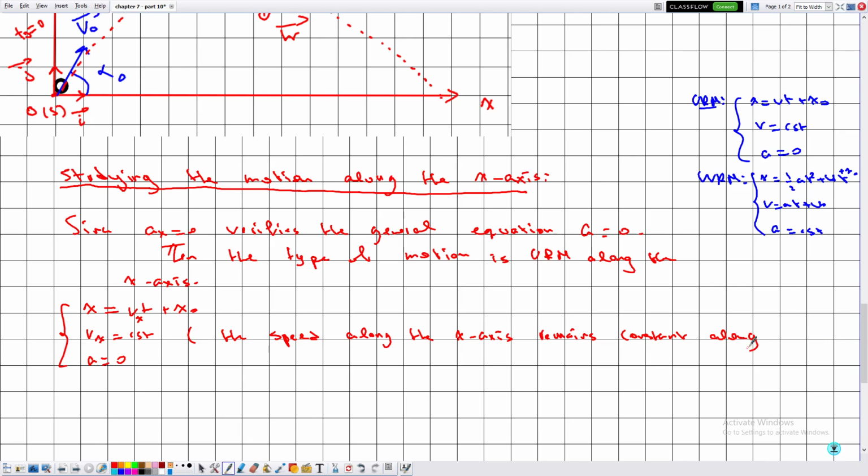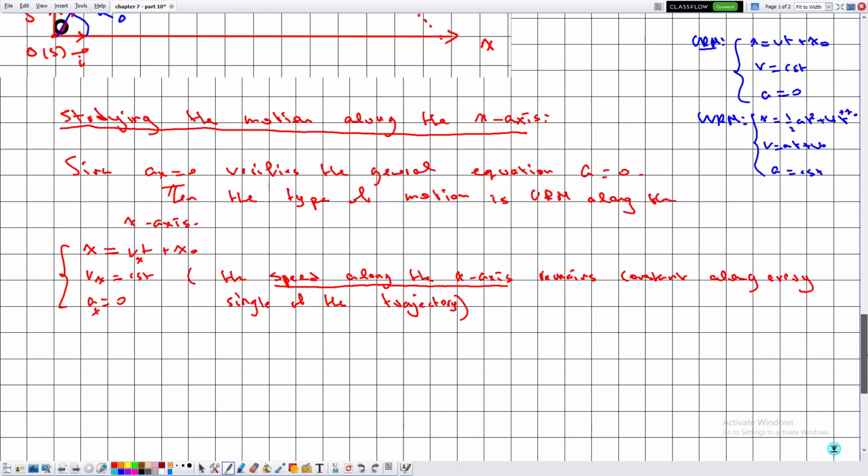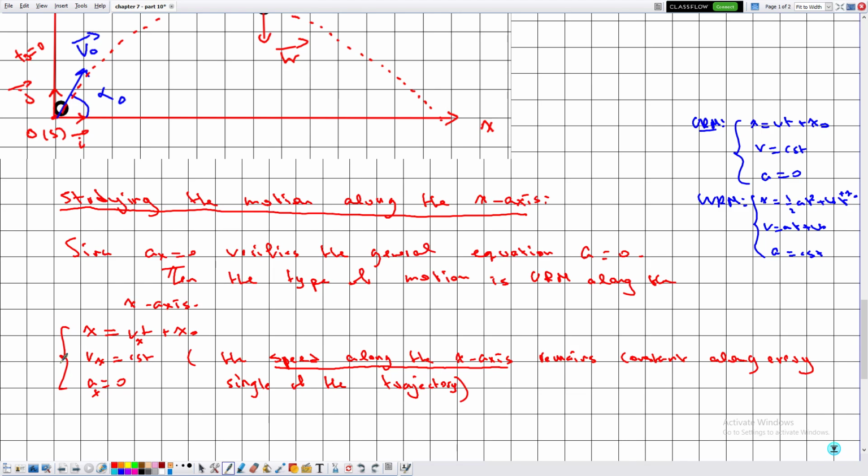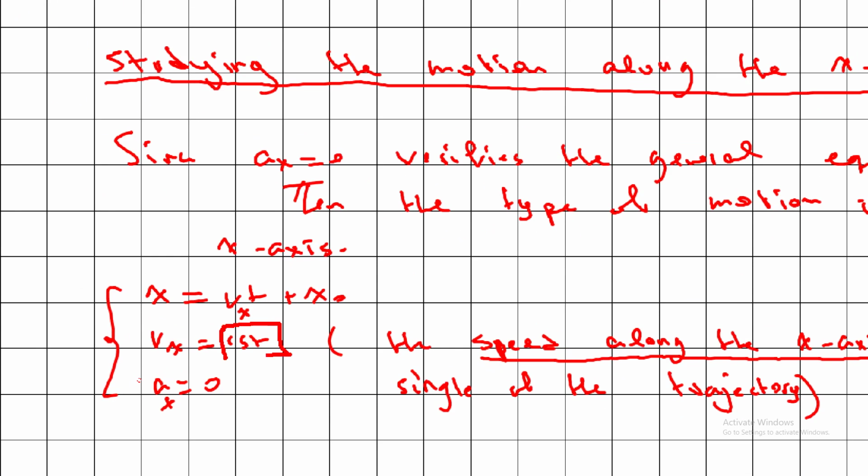So let me say along every single point of the trajectory. So this is important, only the speed along the x-axis, because the acceleration on the x-axis is 0, but the acceleration in total is not 0 because there is a variation in the y component. So if this is constant, what about it?